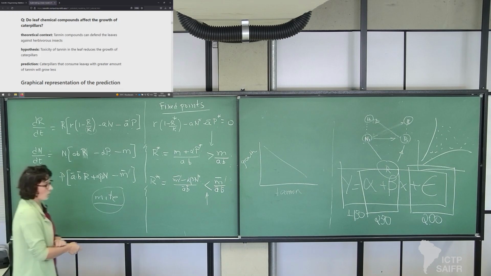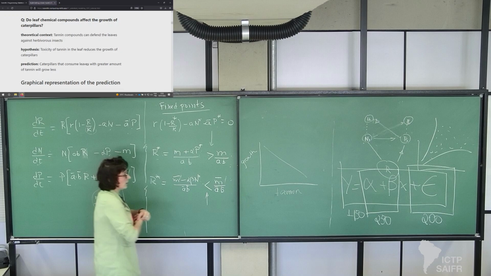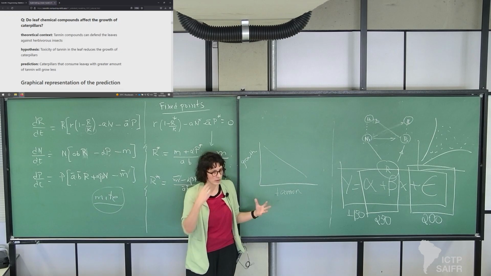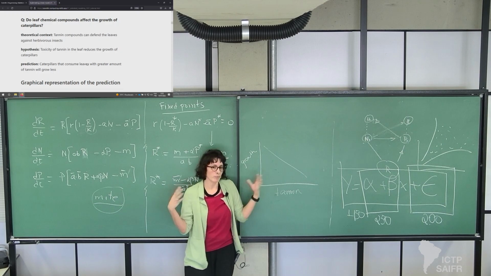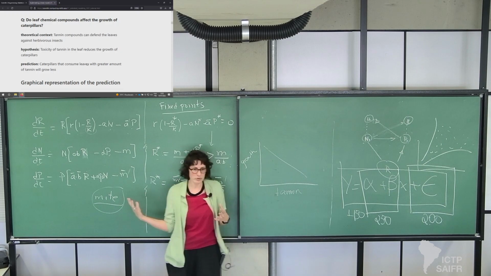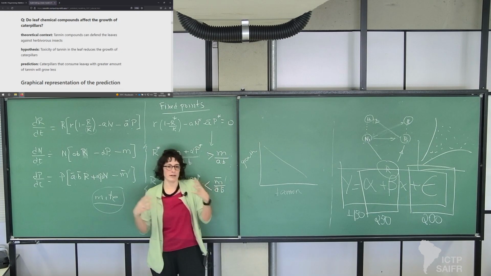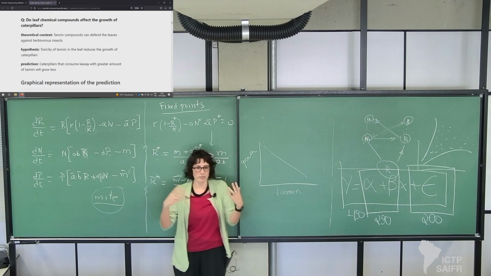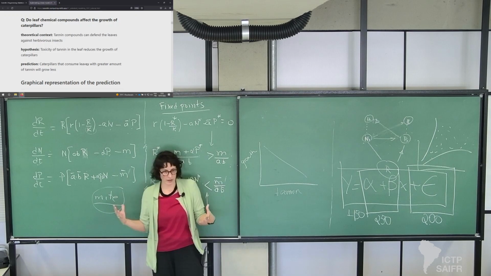Sometimes we do not have a clear prediction. We are just exploring relationships between variables. So this is more like variable selection than hypothesis testing. Sometimes we do that, and we do that a lot in ecology.